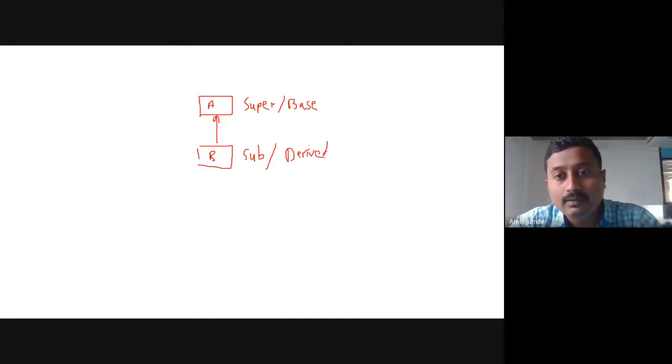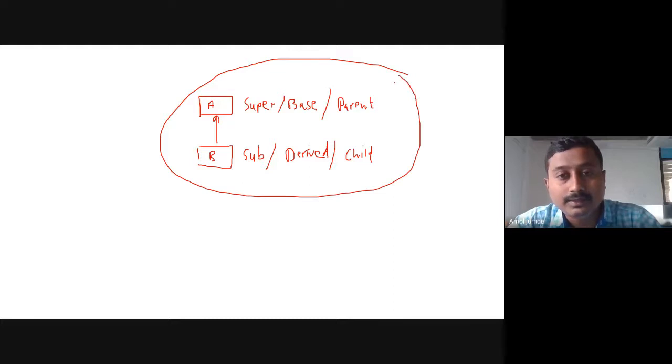And in very basic terminology we may say A is parent class and B is child class. You can write this down in your top margin. Very basic concept, but it may create confusion. Super, sub.